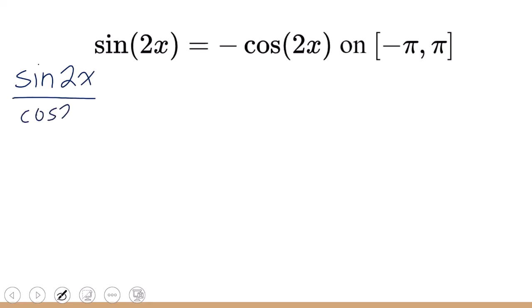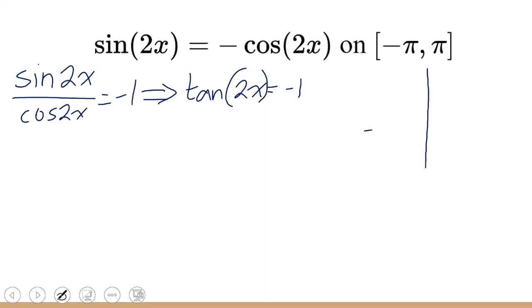Sine 2x over cosine 2x is equal to minus 1. And since we know sine over cosine is just tangent, I then have tan 2x is equal to minus 1.